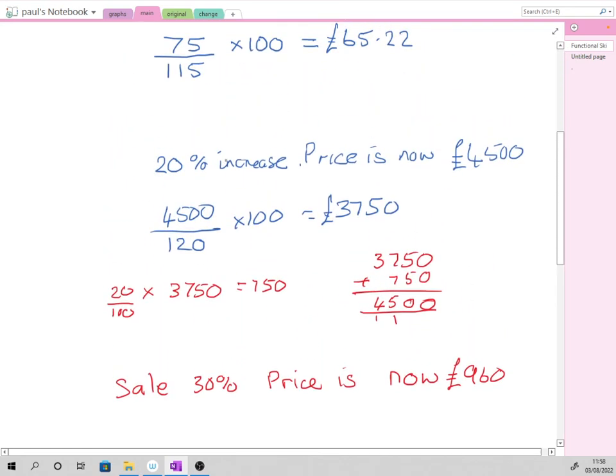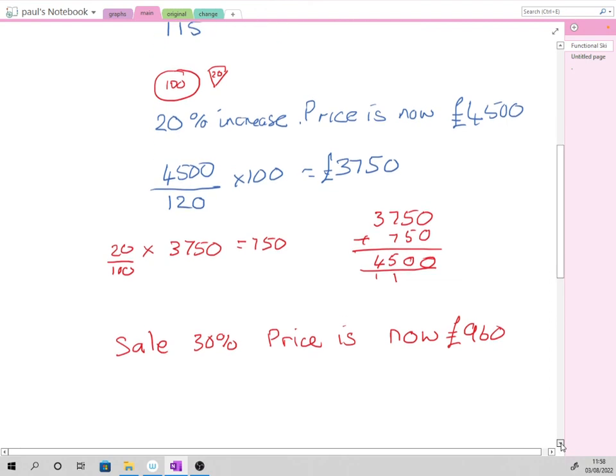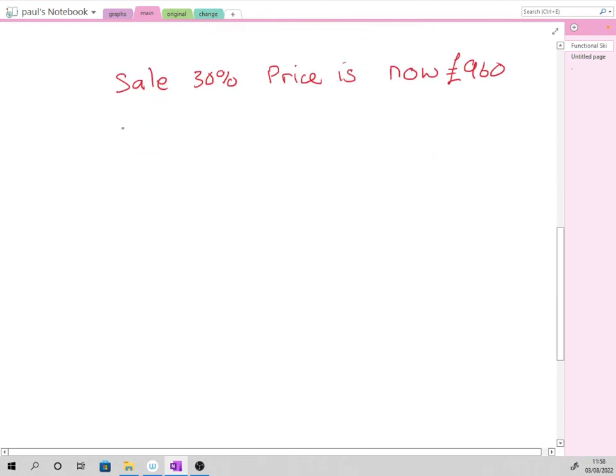Remember this was a 20% increase, so we had the 100% there, and then we tacked on an extra 20% to make the 120% there. So this time we're taking it away. So we've got the whole thing there, which is the 100, and we want to take away 30.